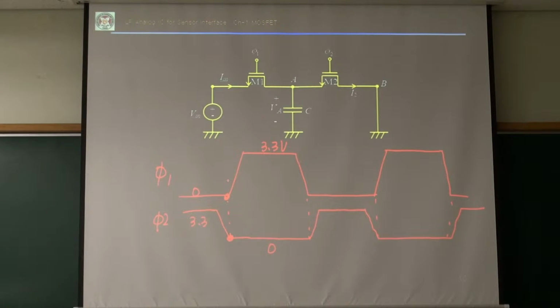So there is some period where both transistors are turned off, but they don't turn on simultaneously at a single time point. Only one transistor is turned on, or maybe both transistors are turned off. There is no time period where two transistors are turned on simultaneously. So this is called a non-overlapping clock.